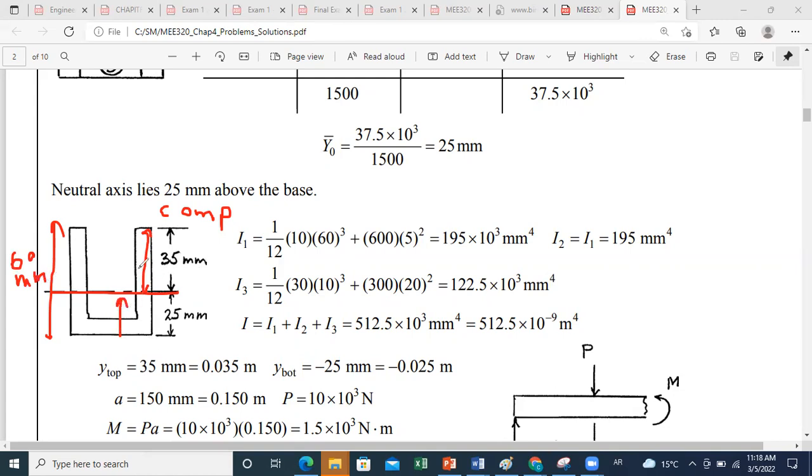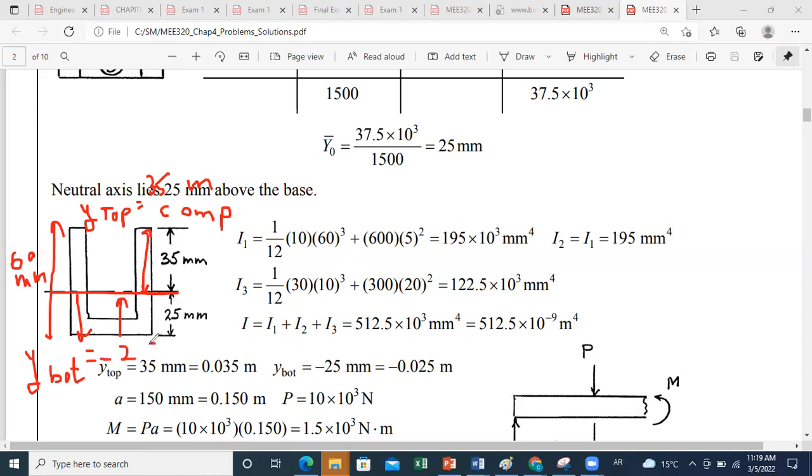So we can say that y top, which is counted from the neutral axis, is equal to 35 millimeters, while y bottom is minus 25 millimeters. And once we determine the values of y top and y bottom, we'll be ready to calculate the maximum stress in compression and the maximum stress in tension.